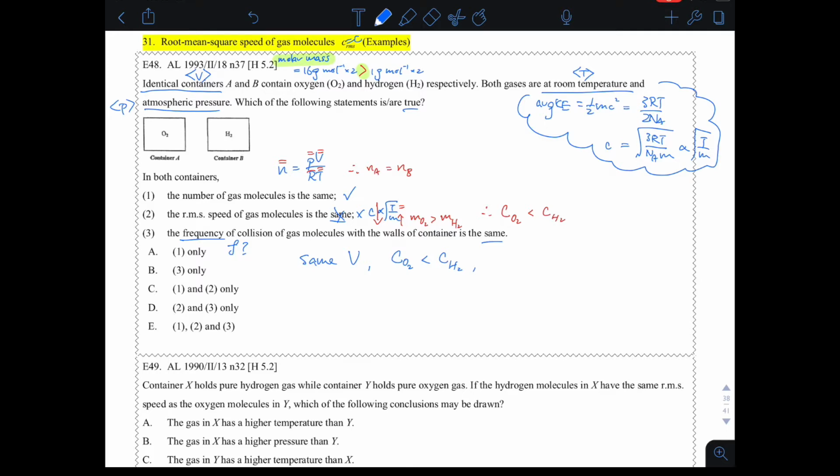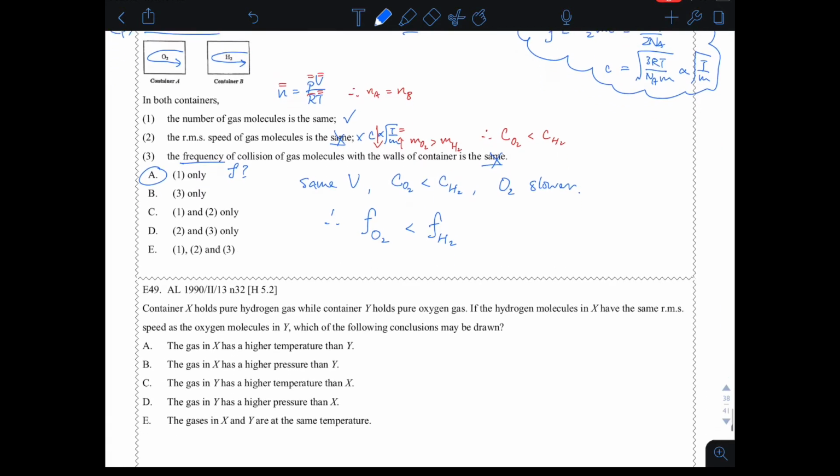And because they have the same volume, you can conclude that the frequency of oxygen must be smaller, because they have to travel in this way. Hydrogen is faster, so oxygen will have less frequency. Then they are not the same, so the answer should be A here.